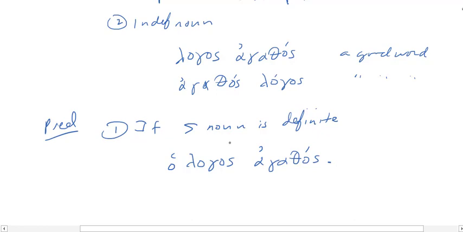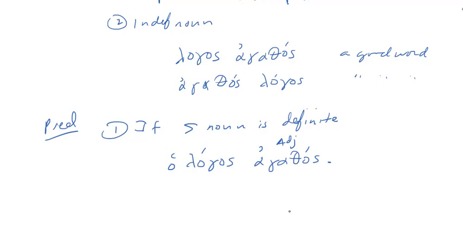Logos agathos. Is the noun definite? Logos. It is. This is the adjective, right? Agathos. If this were an attributive adjective, what would have to be true about it? Well, it'd have to accompany a noun. It would have to agree with it in case, gender, and number, right?